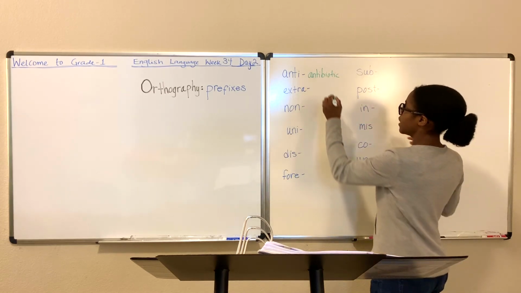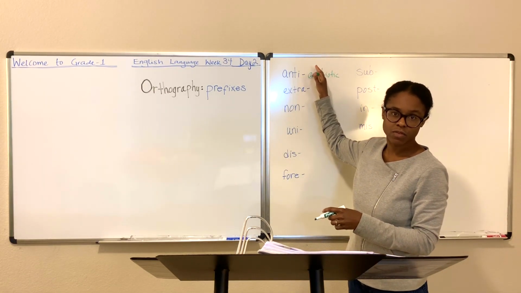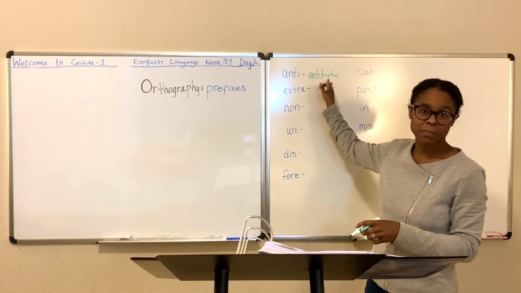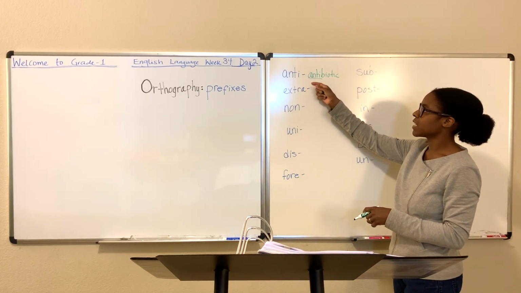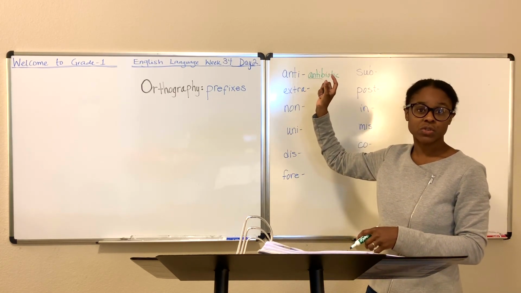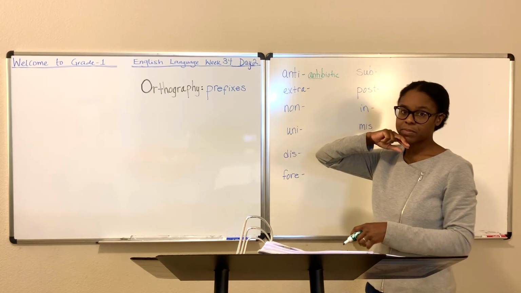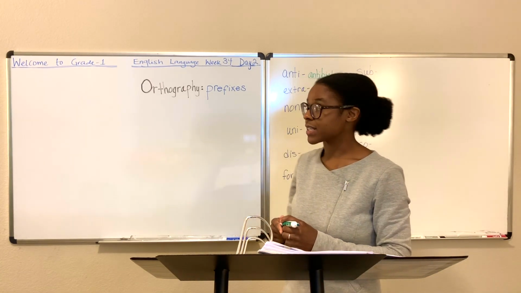But anti shows that it's against the biotic group that's in your belly or whatever. It's against that particular bacteria. So you have anti, against. So what it's going to do is the medicine they give you is going to work against that particular bacteria.